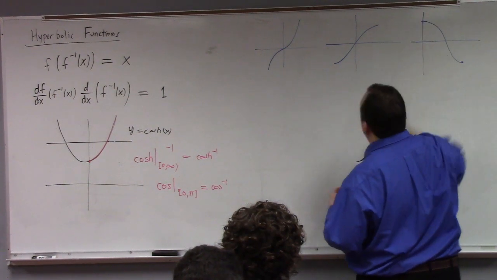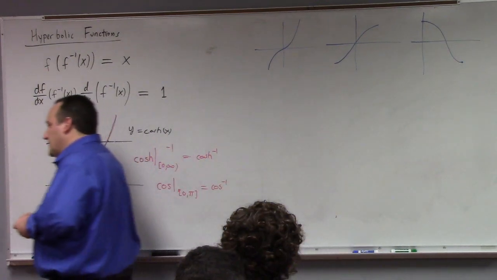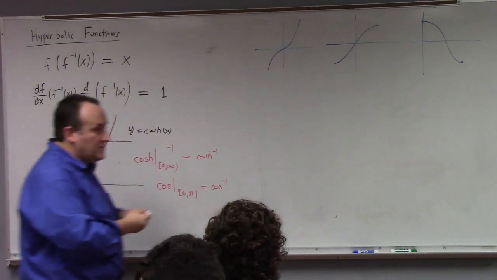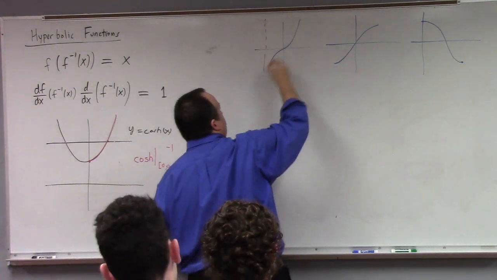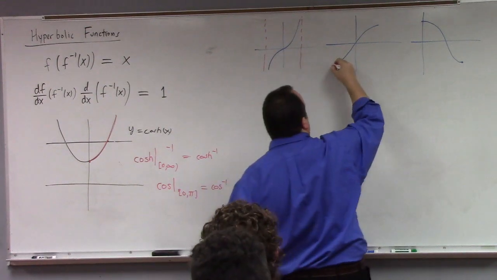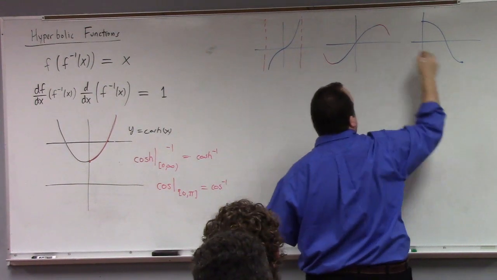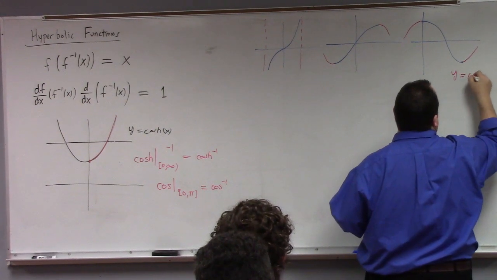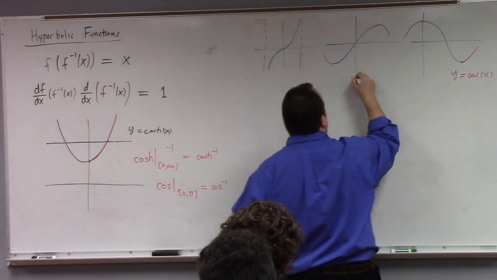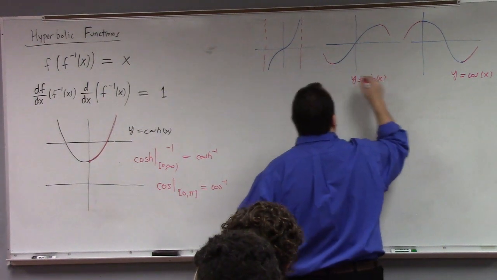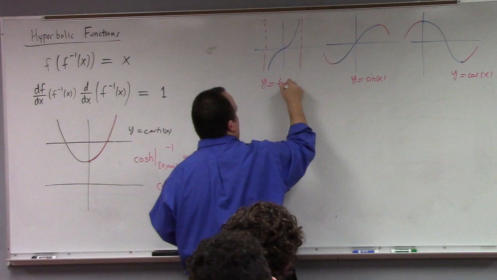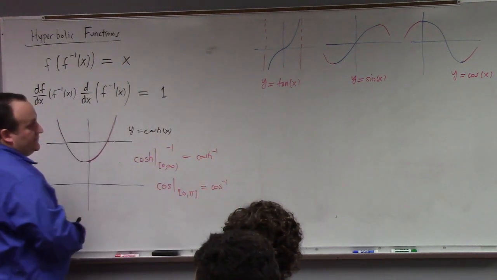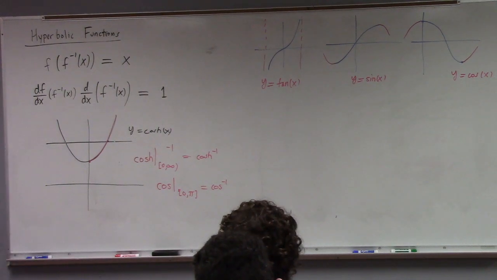These are the parts of cosine which are inverted, parts of sine which are inverted, parts of tangent which are inverted. Inverse sine, inverse cosine, inverse tangent, these are all local inverses, right? So when we talk about inverse sine, inverse tangent, inverse cosine, it's with respect to those restrictions.